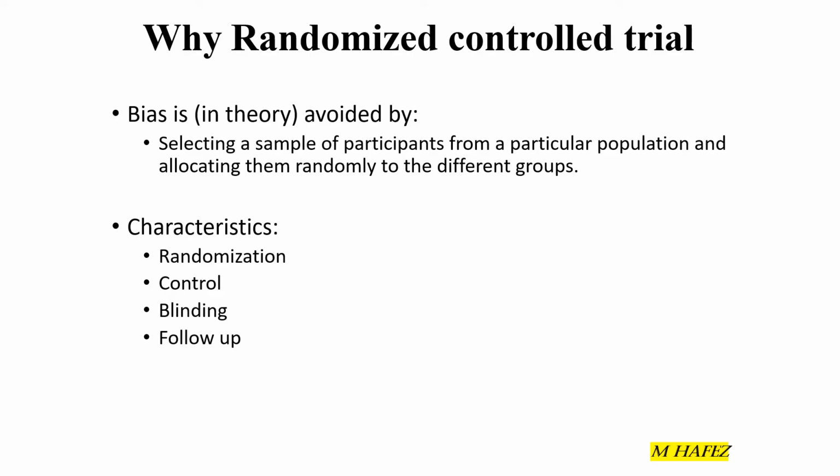So in this case, if you want to avoid bias, then you have to make a randomized controlled trial. And randomized controlled trials means that the researcher has no control on the selection, because selection is random of patients or materials, okay?